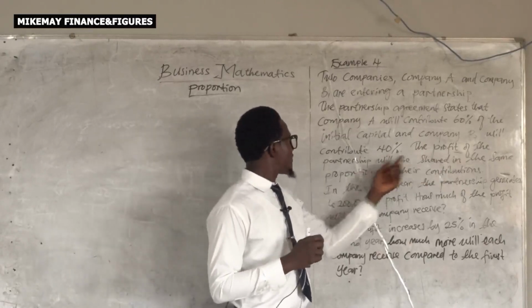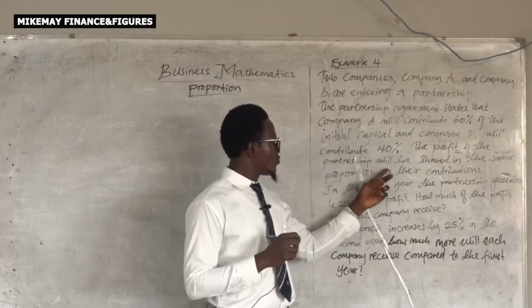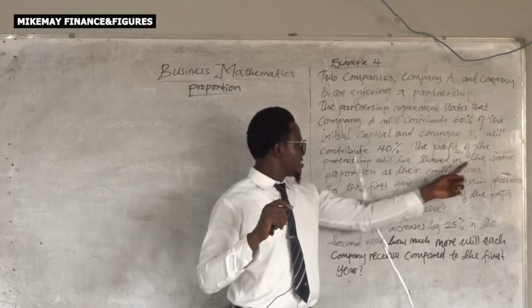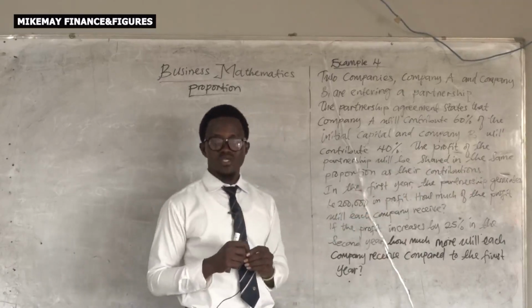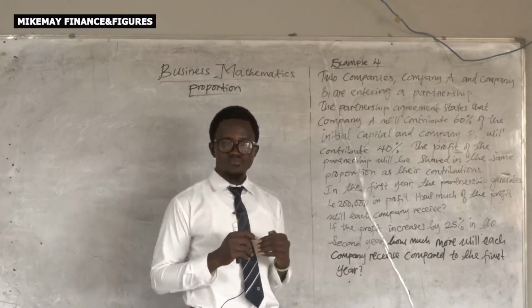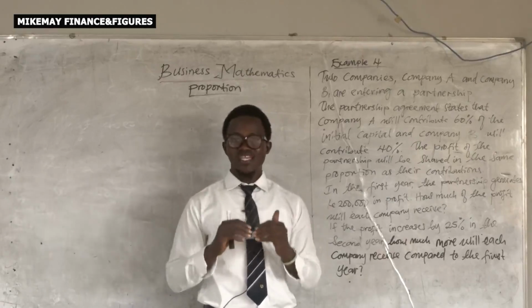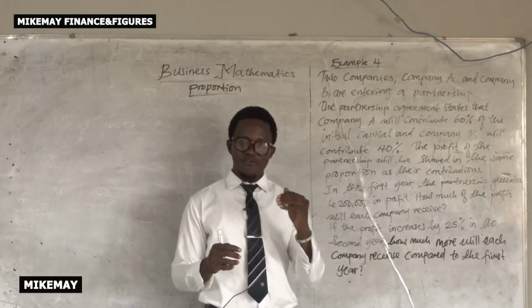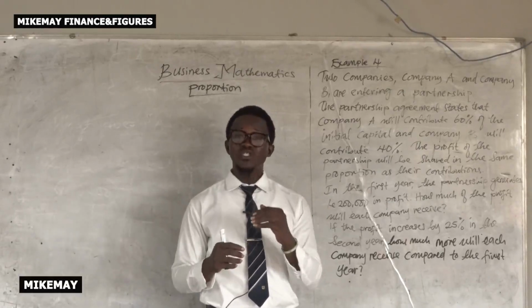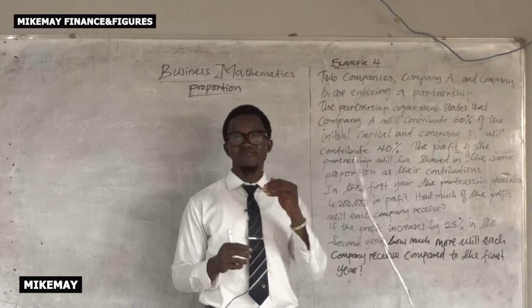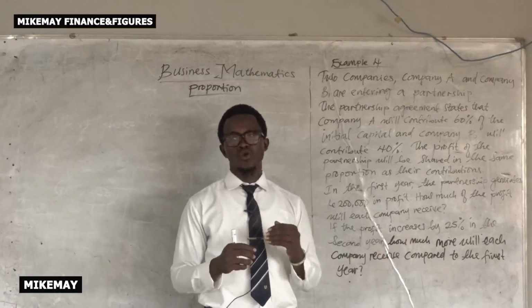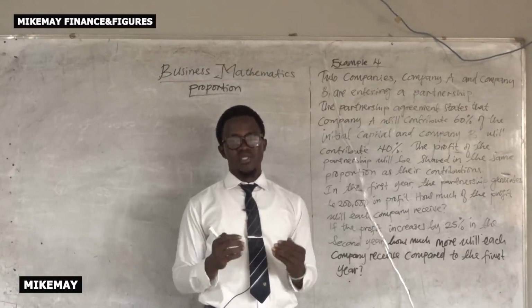So the profit of the partnership will be shared in the same proportion. What is this saying? It is saying that whatever profit they make at the end of the day will be shared according to their respective capital amount, according to what they contributed.